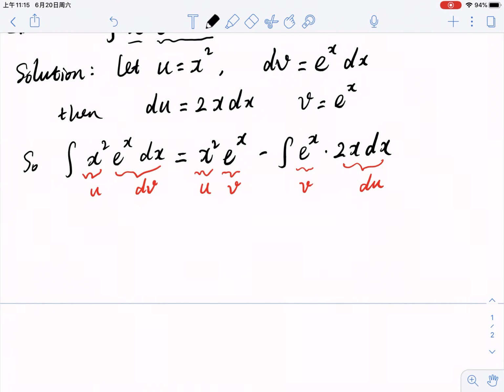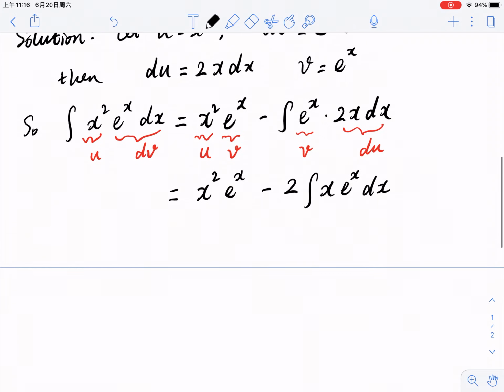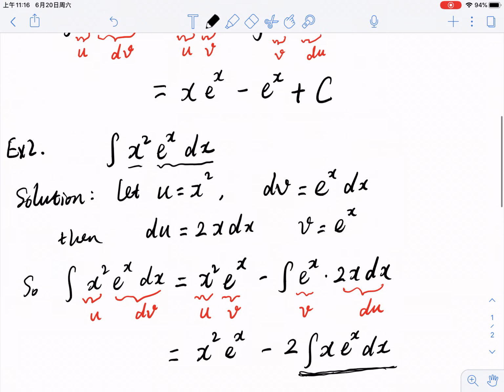Now we continue to simplify. We have x squared e^x minus 2 times the integral of x e^x dx. You see the integral on the right hand side, the integral of x e^x dx. To evaluate this one, we need to use the integration by parts formula again. We already did this integral in the first example.